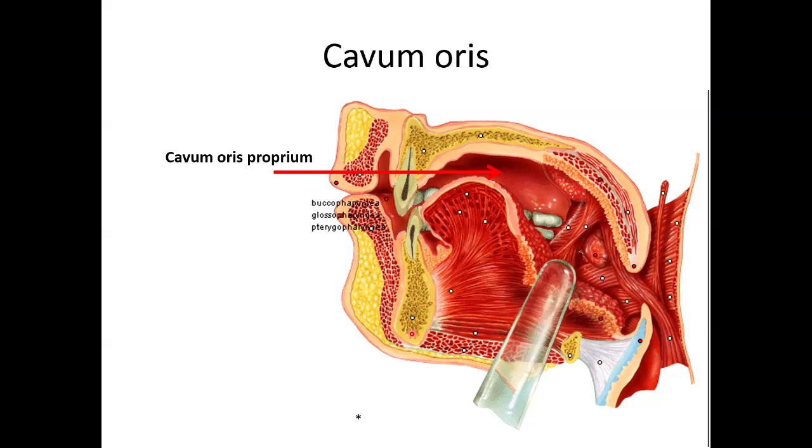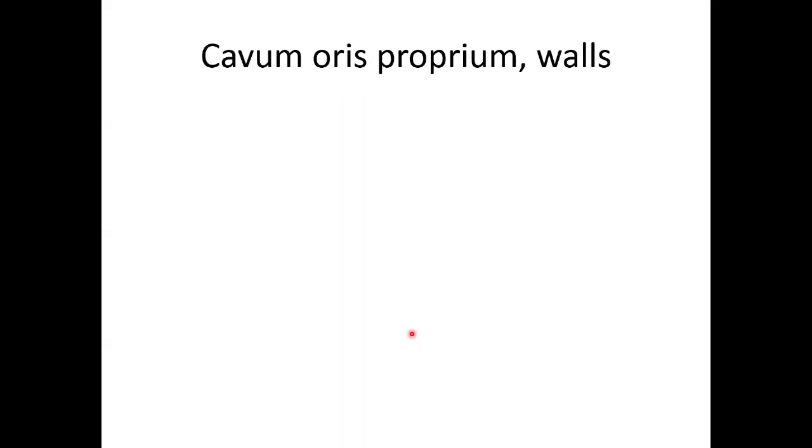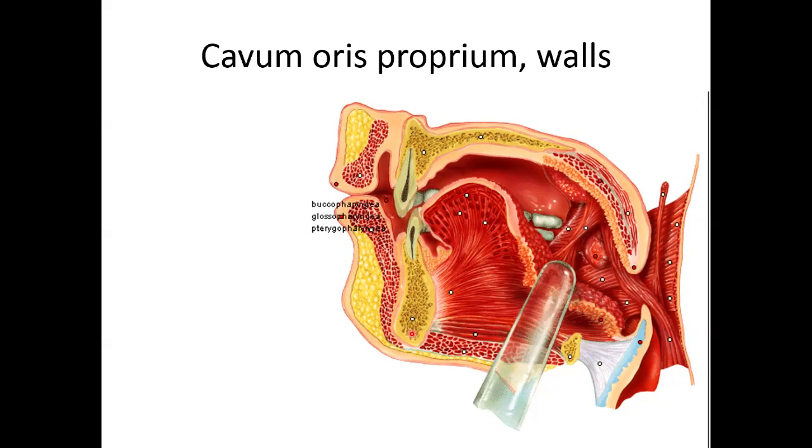So again, for us, very important to understand the walls and contents of cavum oris proprium. According to the walls, we can say that there are several walls. First of all, superior wall, which consists of palatum durum.